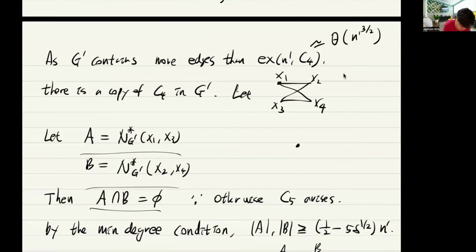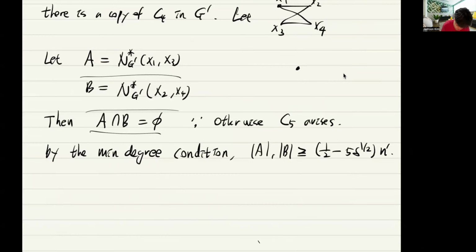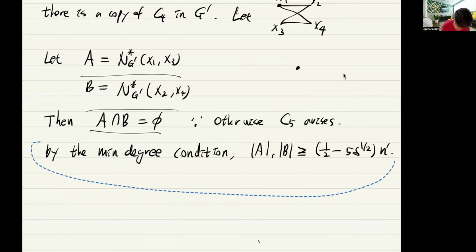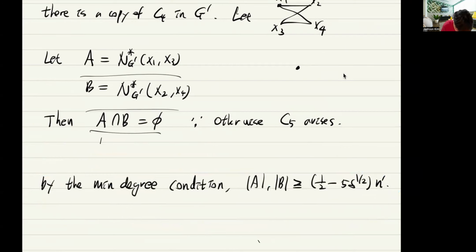Okay, let me explain it this way. So we can further, I'll just omit the subscript. We know that the neighborhoods of this and this have empty intersection.